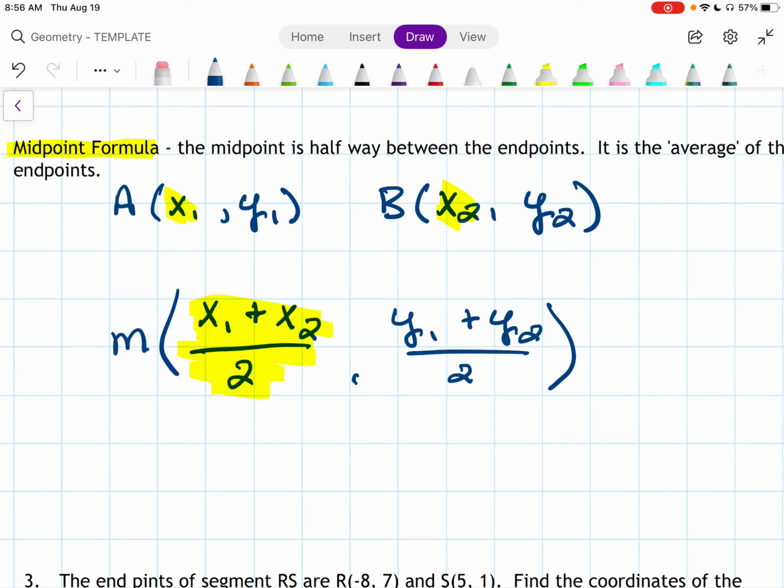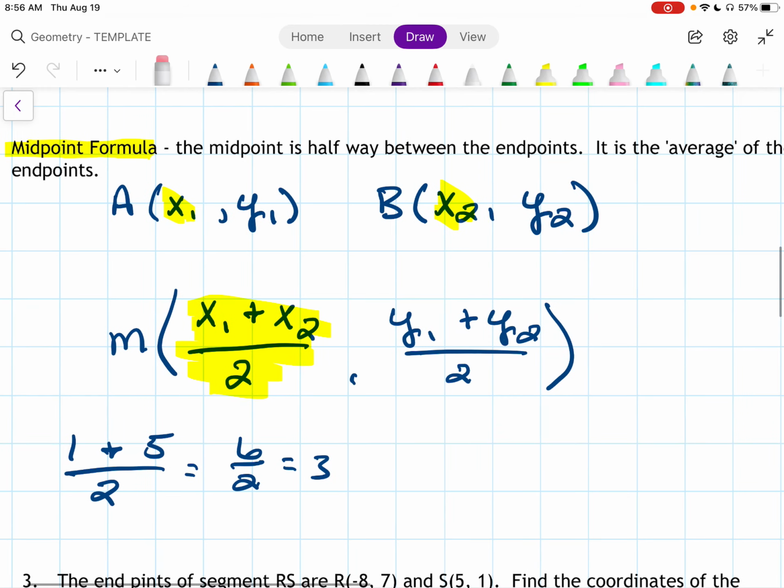If I told you to find the average of 1 and 5, you would add them up and then divide by 2. 1 and 5 would give us 6, divided by 2 is 3. And 3 is halfway between 1 and 5. That's what we're doing here. It has some variables, so it looks a little uglier, but that's what's happening. And then we have the same thing, y1 plus y2 over 2.